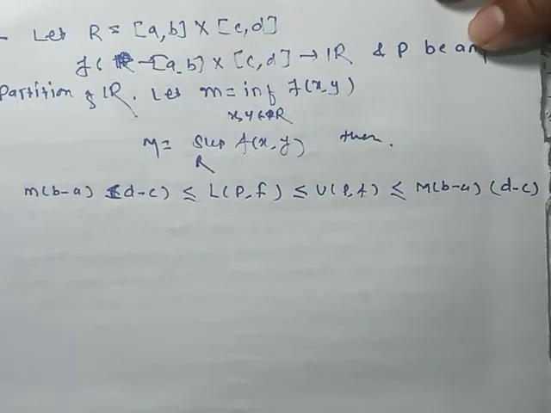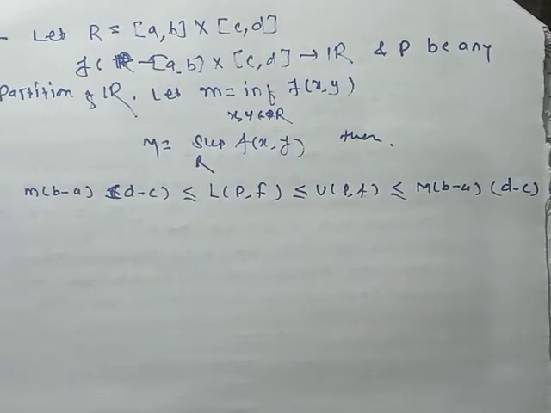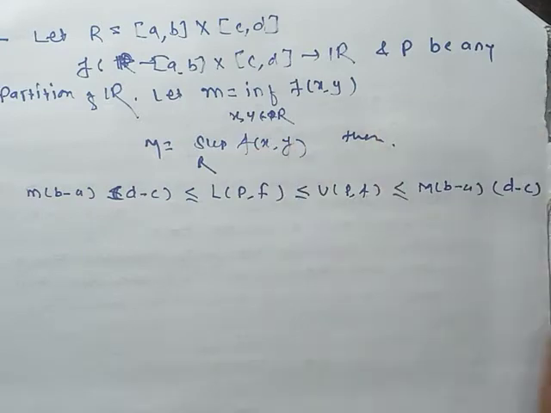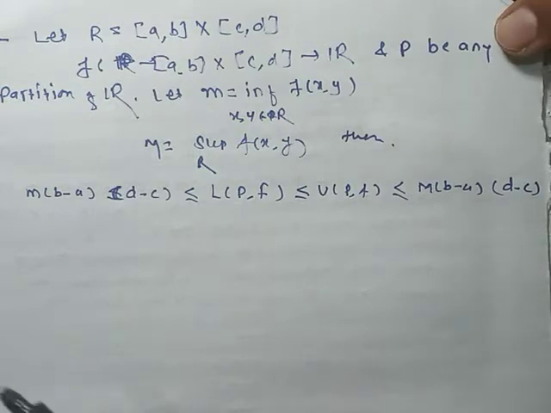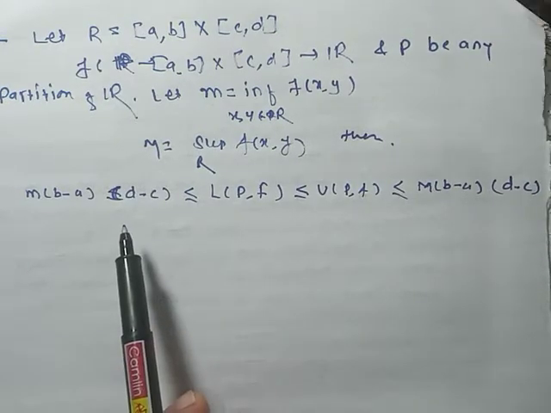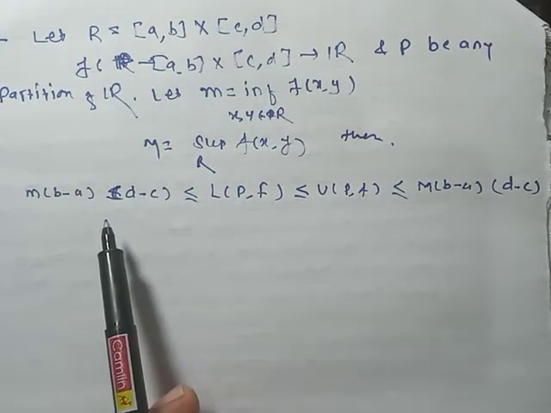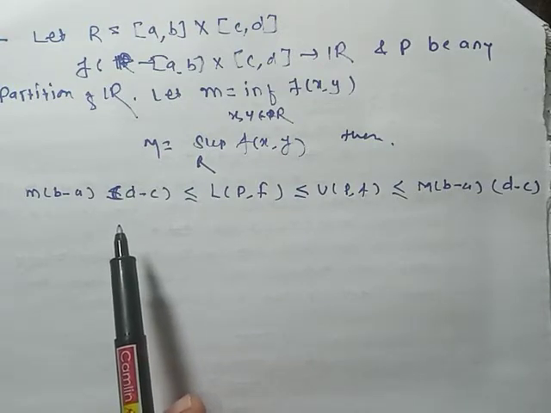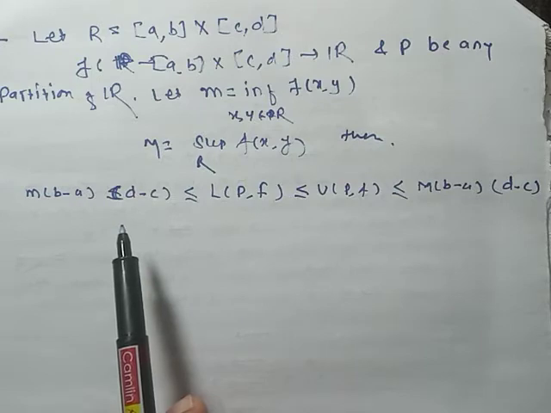So we have an inequality which is very useful from our exam point of view, or for the next two or more theorems. This inequality was given by the mathematician Darboux, so it is also called the Darboux inequality.